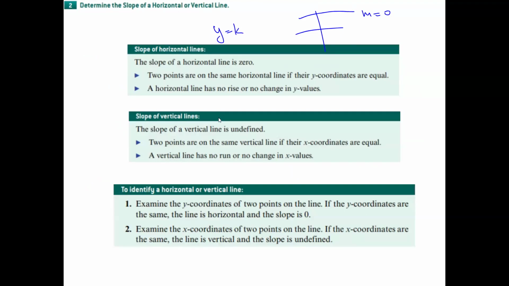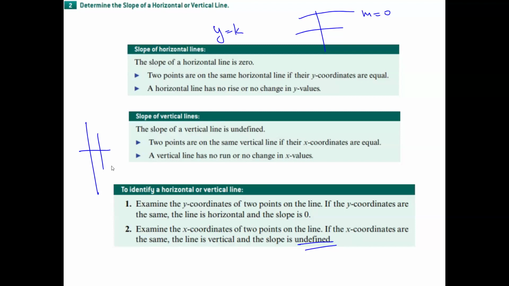So if you have 2 points and the y coordinate is the same, it means the line is horizontal. Now here, the slope is undefined. Why? Because we have division by 0.